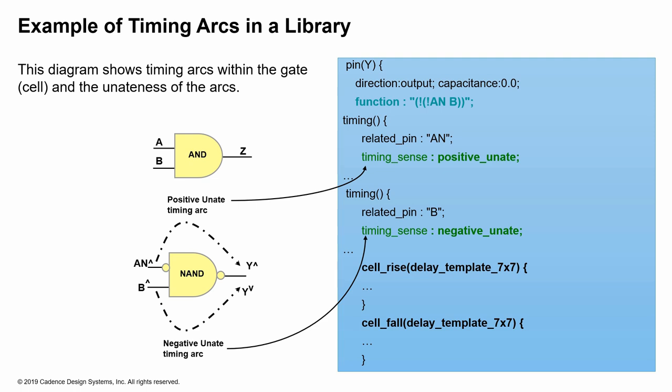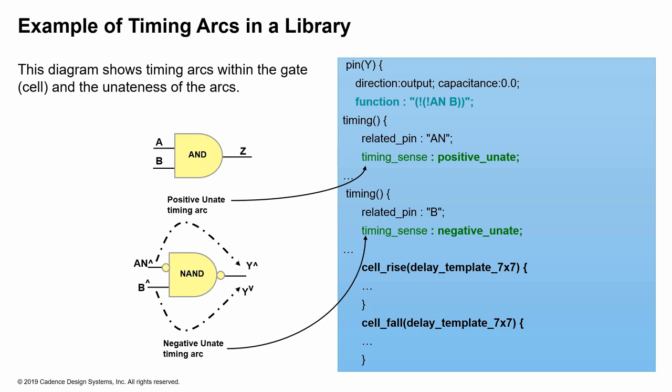In this picture, you can see the timing sense of the different arcs of a cell. The timing sense of one arc of a NAND gate is shown as positive unate, and the other one is shown as negative unate. Every input to output combination forms a timing arc.